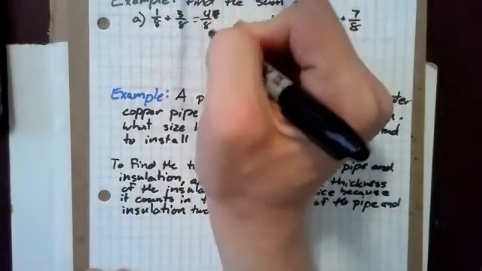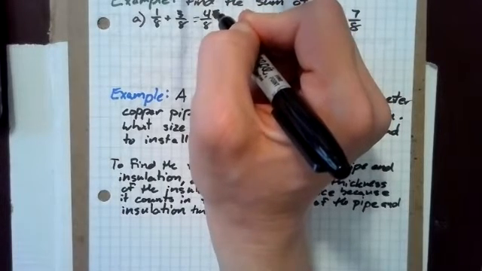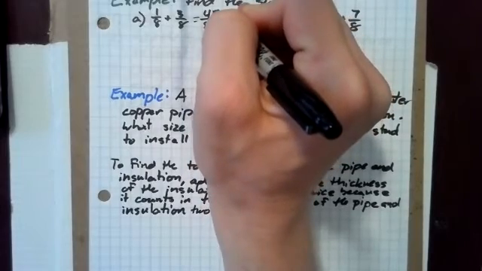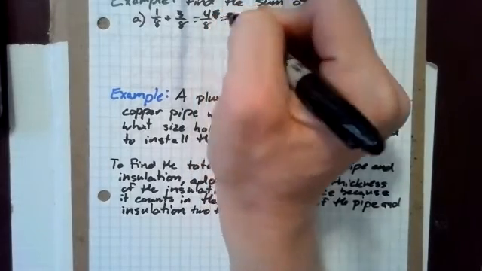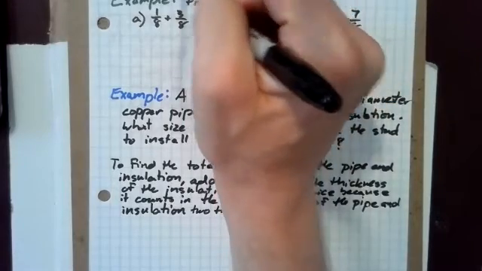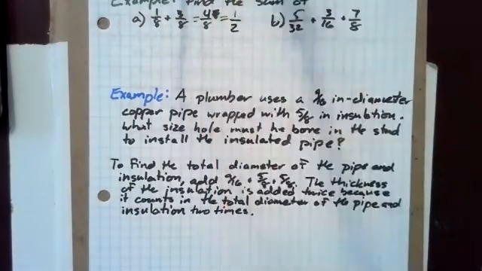The greatest common factor of 4 and 8 is 4. So we can divide the numerator and the denominator by 4. 4 divided by 4 is 1. 8 divided by 4 is 2. This is 1/2.